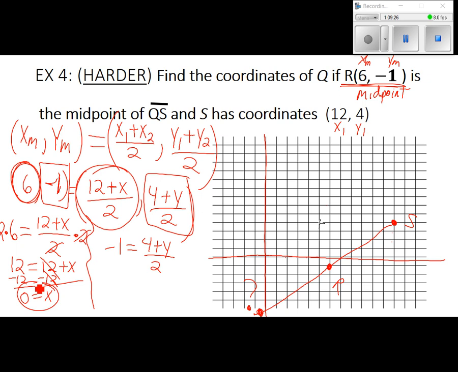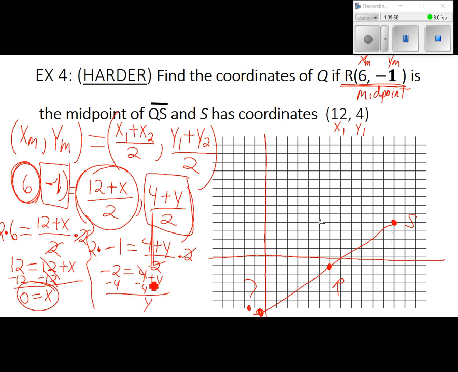What's the first thing I do on this side to solve? Multiply by 2, multiply by 2. What's 2 times -1? These cancel out. You're left with 4 plus Y. Now what? How do you get Y by itself? Minus 4, minus 4.